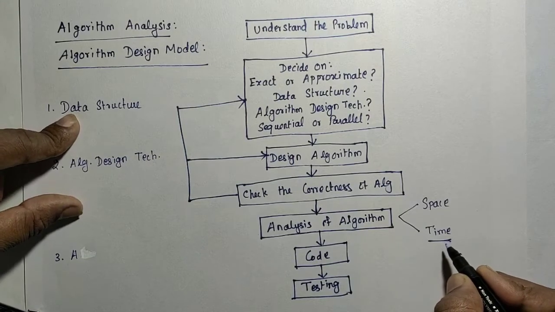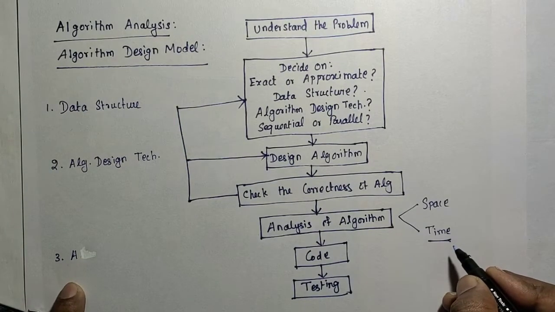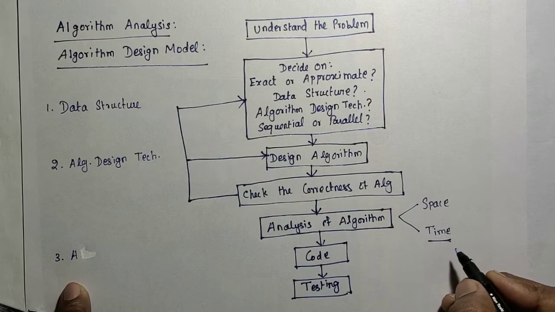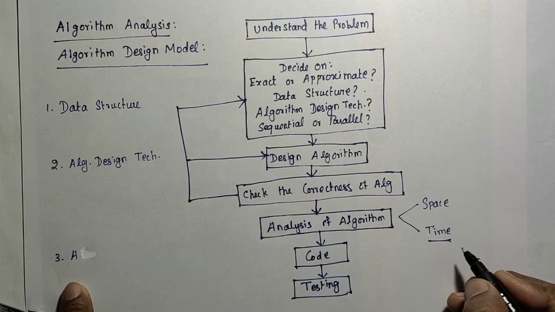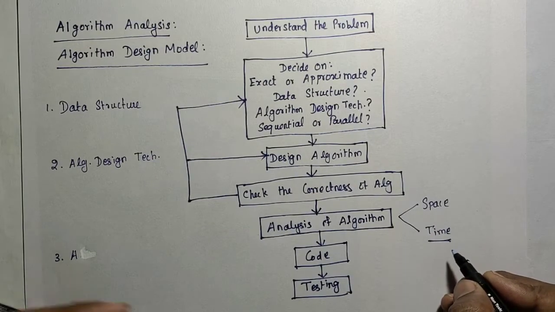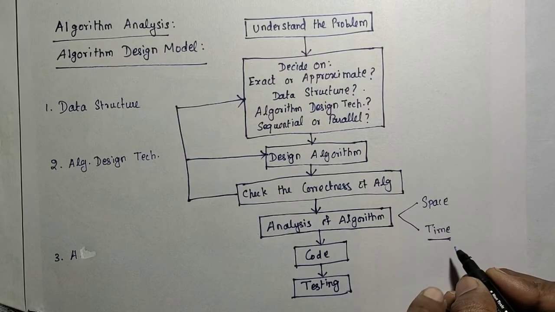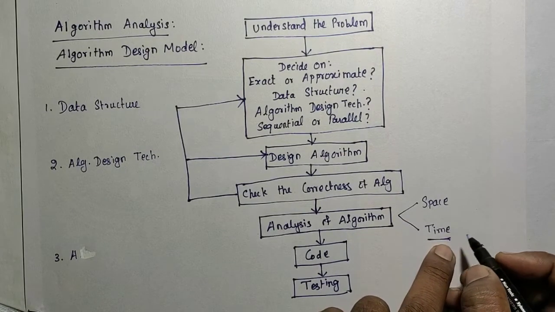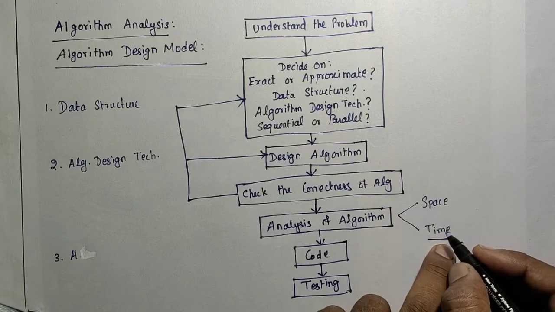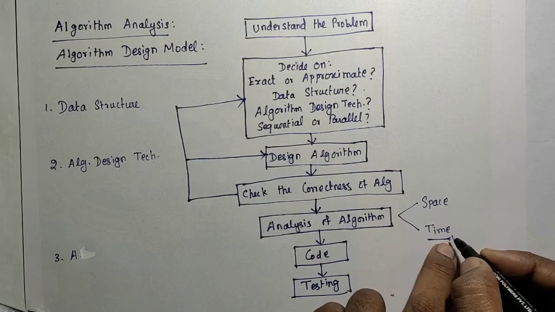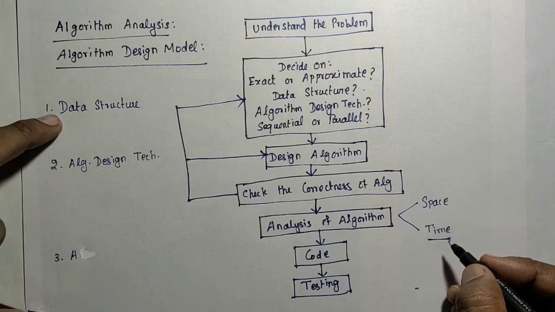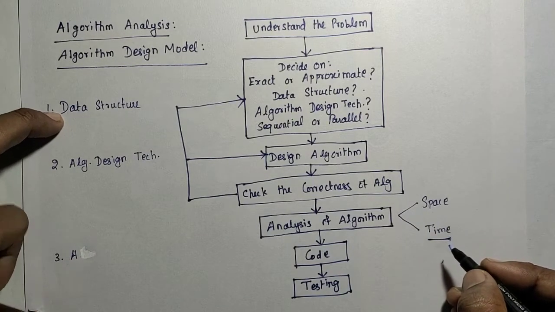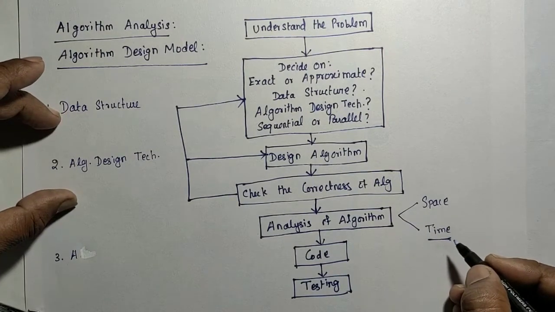So we need to know how to analyze an algorithm, and then how to improve the efficiency of that algorithm, that is, improve its time complexity. The time complexity, the amount of execution time, and improving the time efficiency actually depend on the data structure we choose and the algorithm design technique.